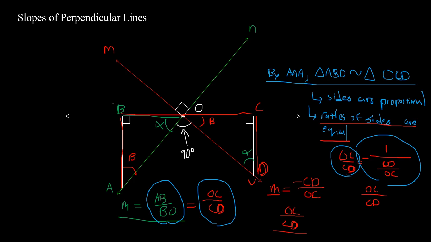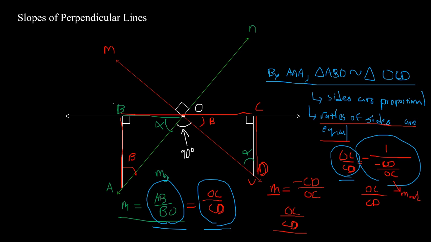Or actually, hold on, there should be a negative sign right over here, because it's a negative reciprocal of the slope. Sorry, I forgot there was a negative sign in the denominator. So again, AB over BO is equal to OC over CD, and OC over CD is also equal to -1 over negative CD over OC. And negative CD over OC is the slope of red. I'm just going to write M of red.